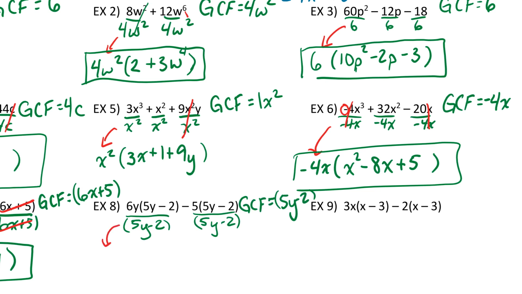Whatever we divide it by comes out. So 5y minus 2. Then we start division, so it cancels out. We're left with 6y for the first one. The second one, again, it cancels out. We're left with negative 5.